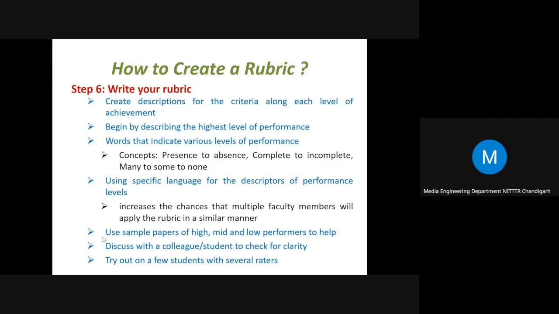Once we have written them, we should discuss them with colleagues or students to check for clarity. Before finalizing, we should try it out on a few students with several raters. Different teachers may be given the same rubric to apply on different students, and then we can see whether it gives consistent scores or not.